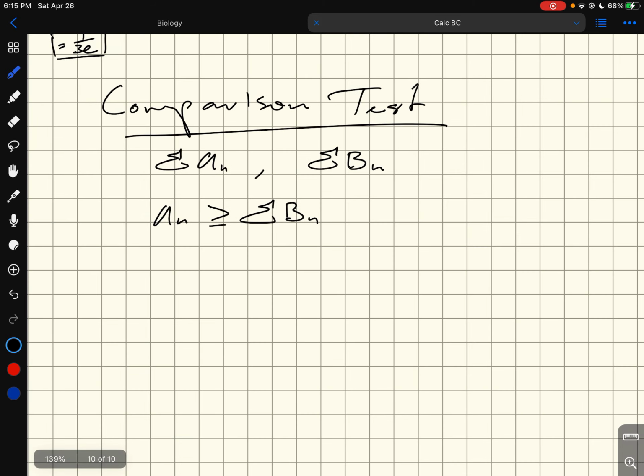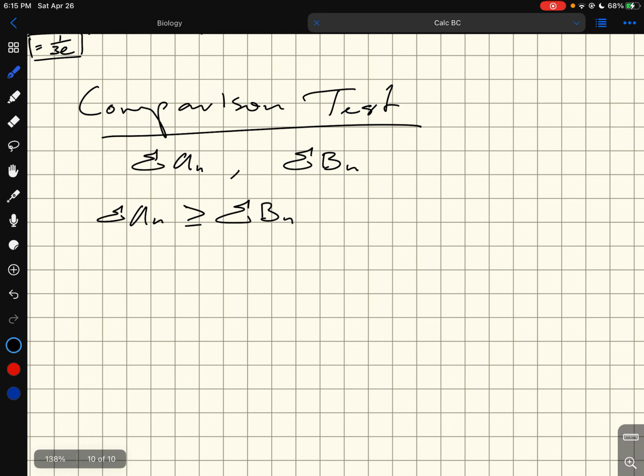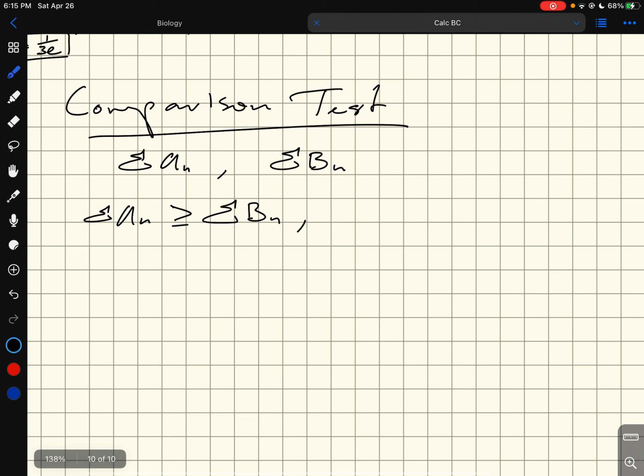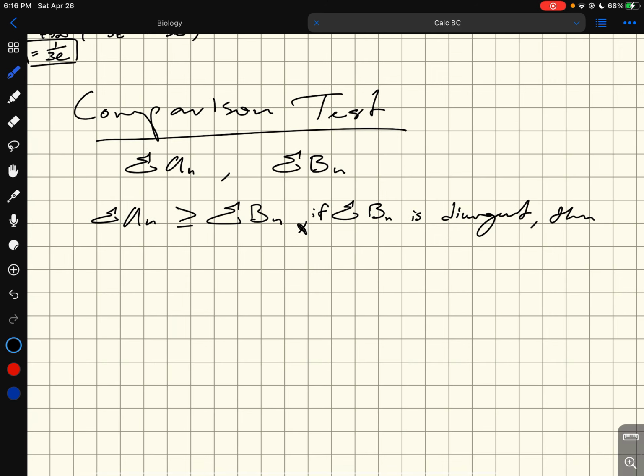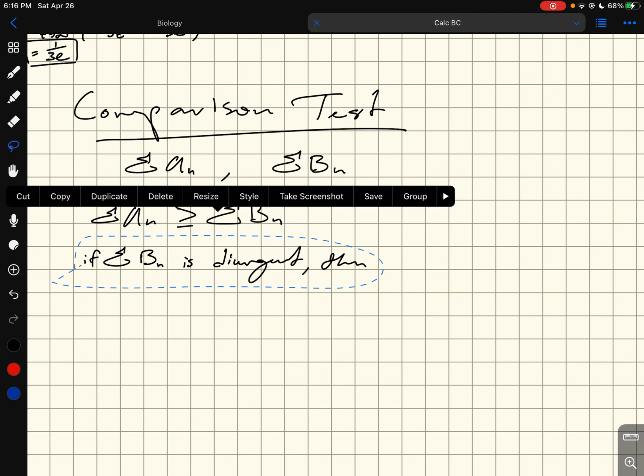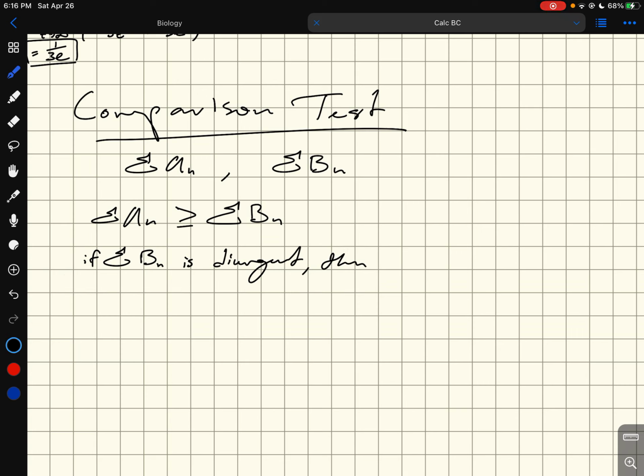Let me make this summation smaller. And then, let's say if the B series is divergent, then the A series is also divergent.